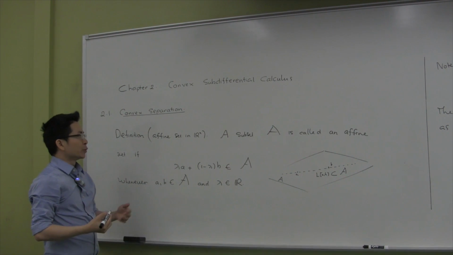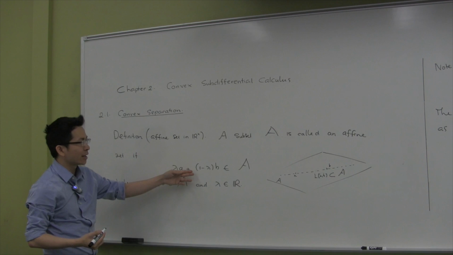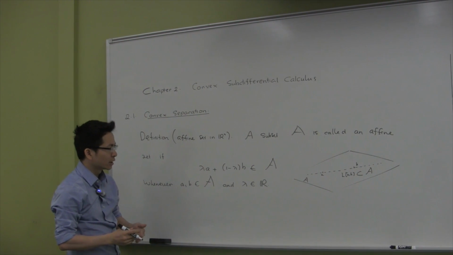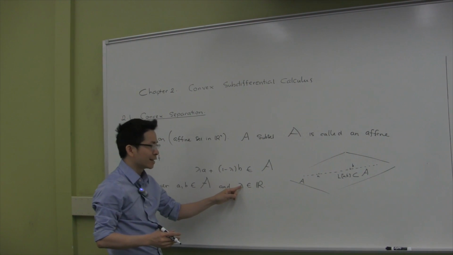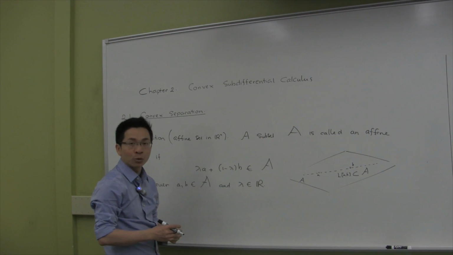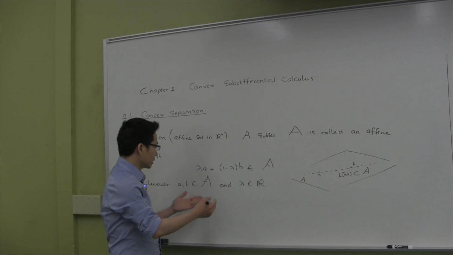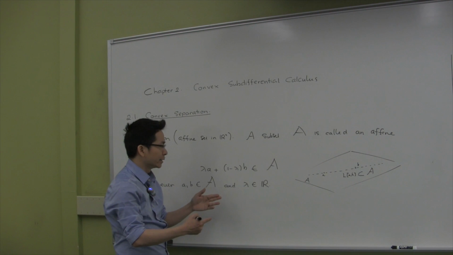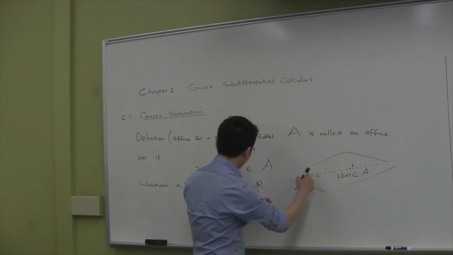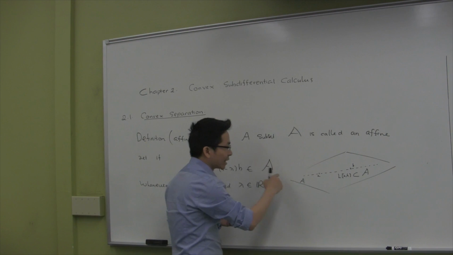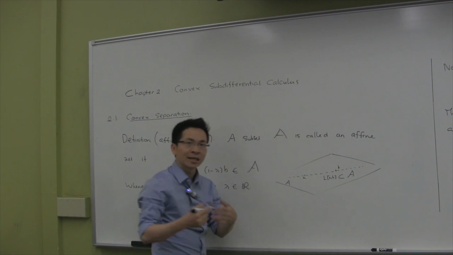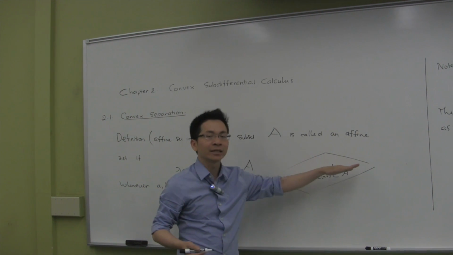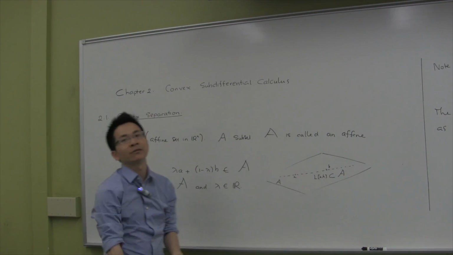So the difference between this definition and the definition of a convex set is that in the definition of the convex set, we require lambda here to be in the interval 0, 1. Okay. Over here, we require this property to be true for all lambda in R. Okay. That's why we see that A is an affine set in Rn if whenever we take any 2 points a and b in A, the line connecting a and b again is a subset of A.